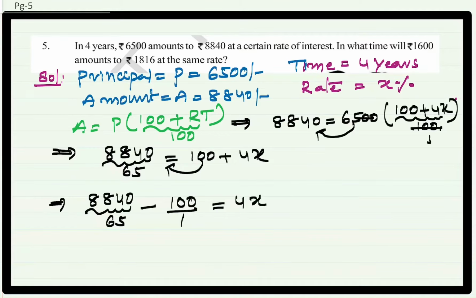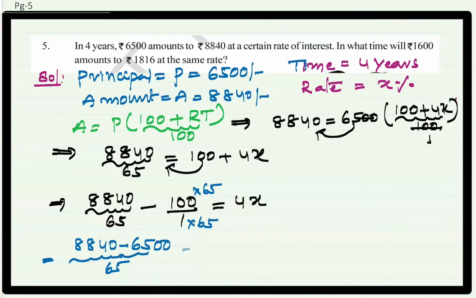Here we have to take the LCM to simplify this one. Here 65 is there, here 1 is there. It should be multiplied by 65. So this one also 65. So therefore we can write in the numerator 8,840 minus 6,500. 65 times 100 is 6,500, equal to 4X.